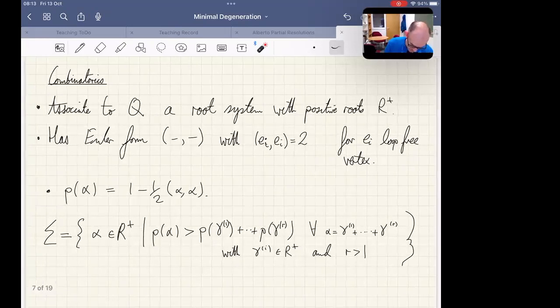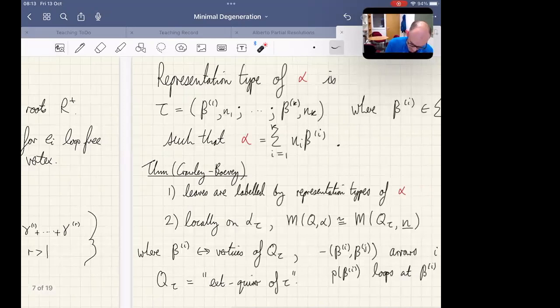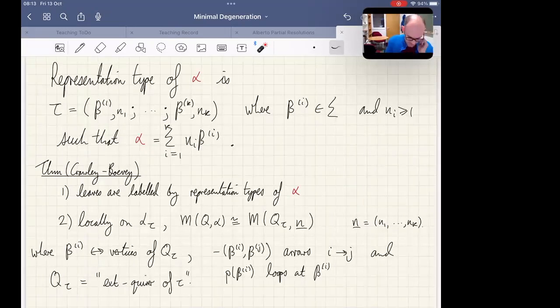Okay, so once you define this set, this is the key definition. I'm going to say that a representation type of my dimension vector alpha is a k-tuple. And so what are the k-tuples?